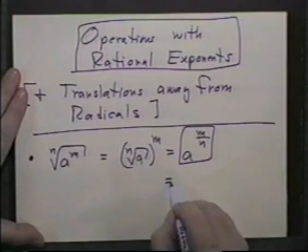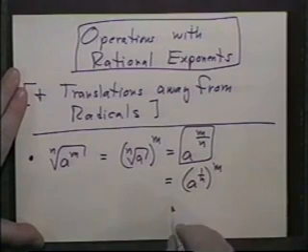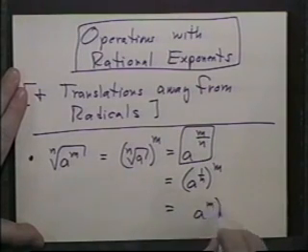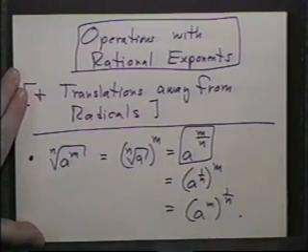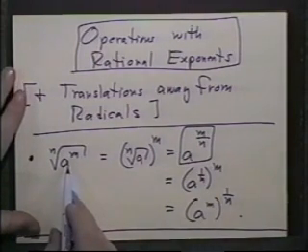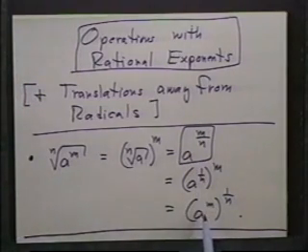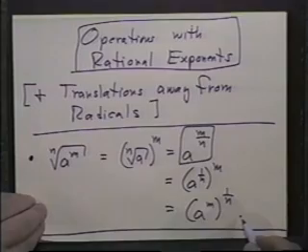And if you want to confirm that, a to the 1 over n to the mth power also can be written as a to the m to the 1 over n power. Now, apart from those special cases we mentioned earlier, where you have negative numbers and even roots, this is a perfectly good rule, and you'll find it useful, and we'll try it in a few examples later.